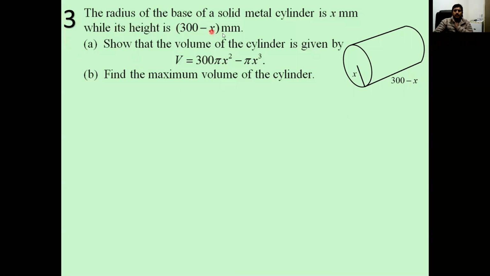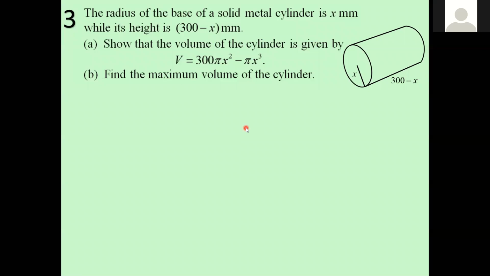The radius of the base of a solid cylinder is x. The height is 300 minus x. The question is, show that the volume of the cylinder. So we want to start with the volume. What is the equation for volume of a cylinder, Mr. Jackson? Pi r squared times height.